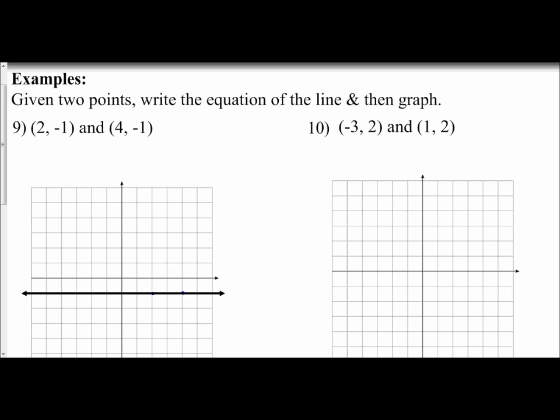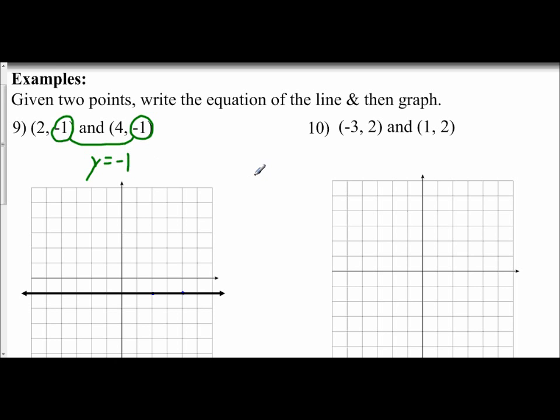If I take a look at my coordinates here, I have a y value of -1, and I have a y value of -1. And so that means no matter what my x value is for this linear graph, it's always going to be on y equals -1. And so that is the actual equation, y equals -1.